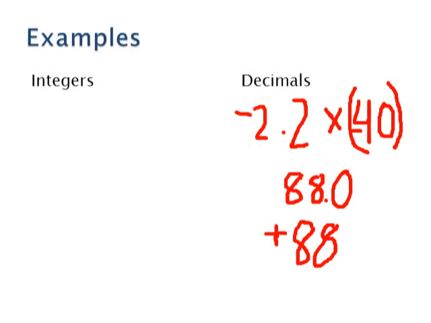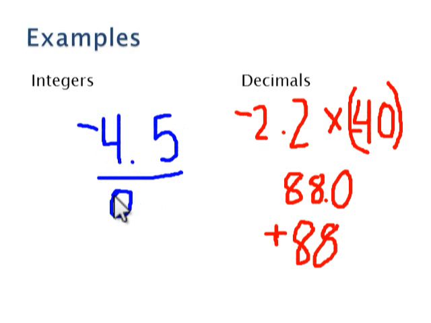So let me change pen color here, and we'll do a division problem. So with decimals, let's say we're going to have negative 4.5 divided by 0.3. Okay, so I think probably most of you would set this up inside the little box, but I'm not going to do that because there's a shortcut way to do this.